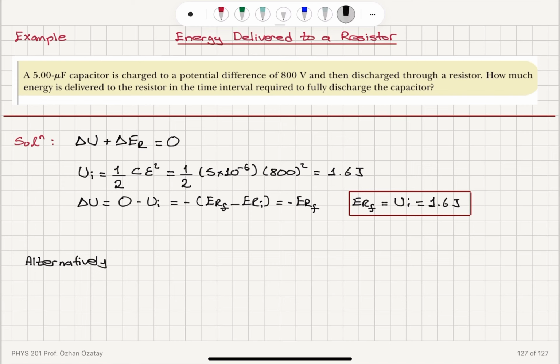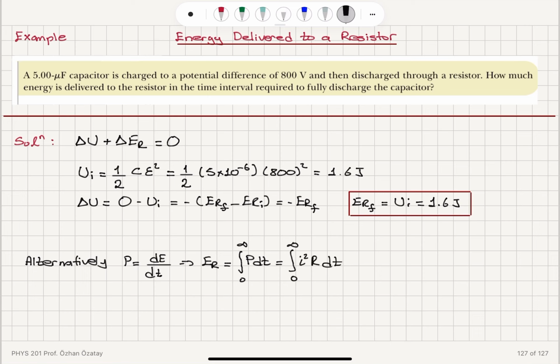If we look at the power, the rate of change of energy, dE/dt, the energy being delivered to the resistor is the integral from time t equals 0 to infinity of power dt, and this is basically the integral from 0 to infinity of I squared R dt.